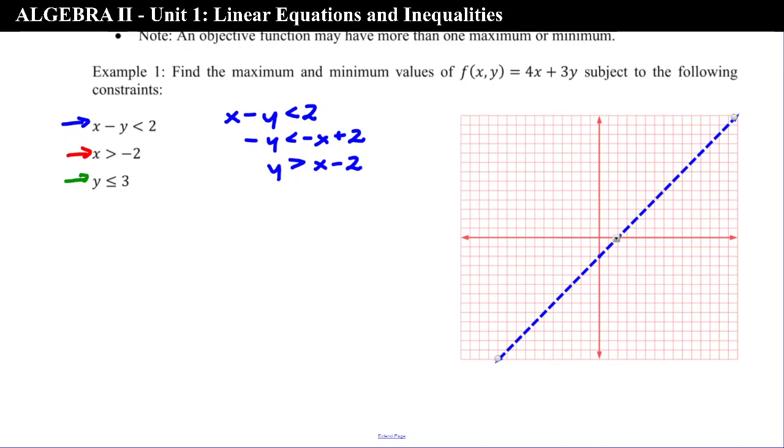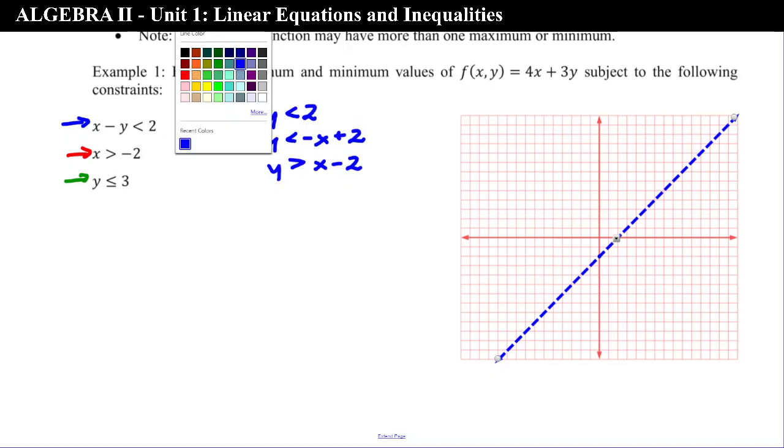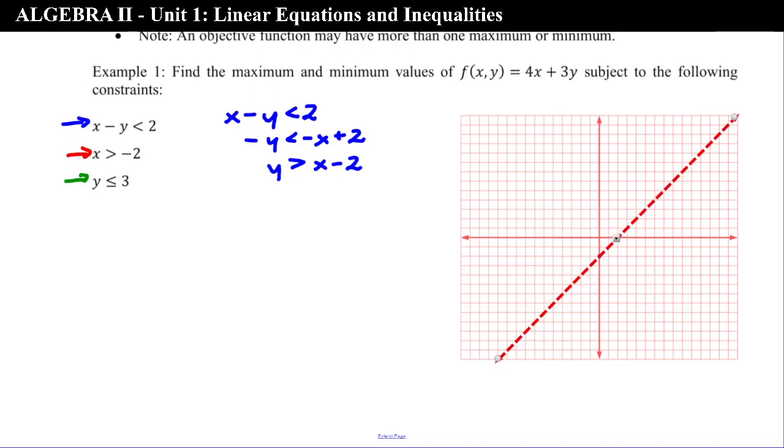Okay, now let's look at the other two. Well, the other two are going to be fairly easy to graph because they are either going to be a horizontal or vertical line. Let's start with x is greater than -2. Okay, well, if x is greater than -2, we find -2 on the x-axis, and we want all the values that are -2.